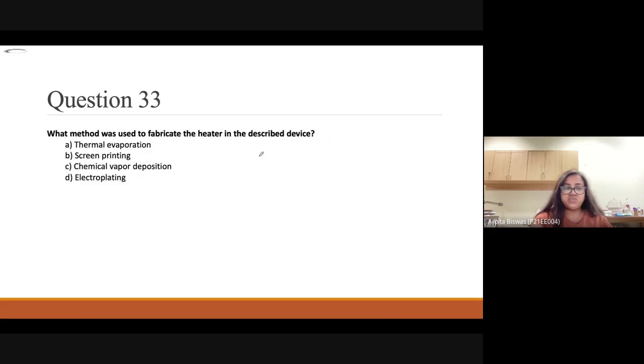Okay. So next, moving to question number 33. What method was used to fabricate the heater in the described device? So the first option is thermal evaporation, the second option is screen printing, the third option is chemical vapor deposition, and the fourth option is electroplating. So in the lecture, which process have they used to fabricate the heater?